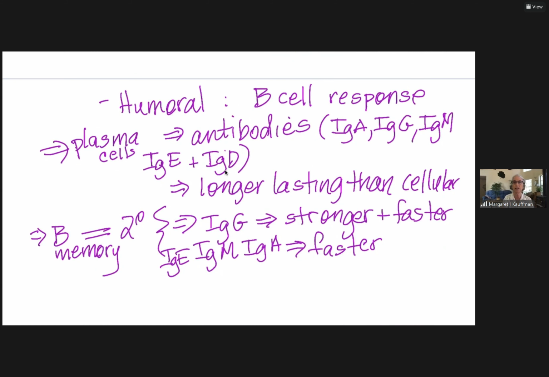There are 5 main antibodies that can be secreted, although it's not clear why IgD is secreted, so we'll really only talk about the first 4 in any detail. And these are long-lasting proteins that end up in your body fluids, circulating and seeking out a particular antigen. And again, we'll talk about their effects. And then lastly, besides the plasma cells, you make memory cells that cause the secondary response that is faster and stronger. And again, we'll come back to some of these details.